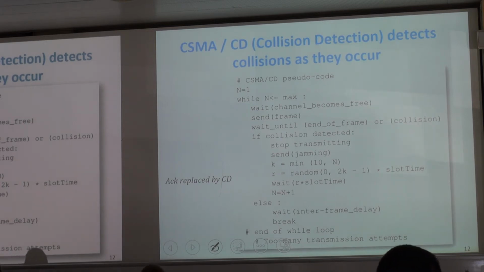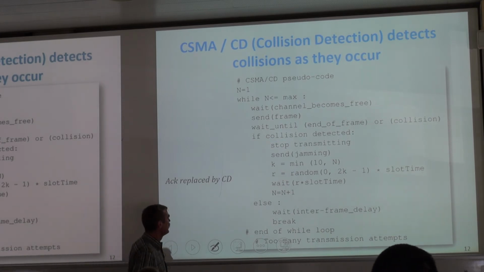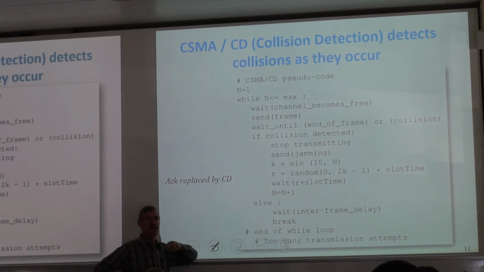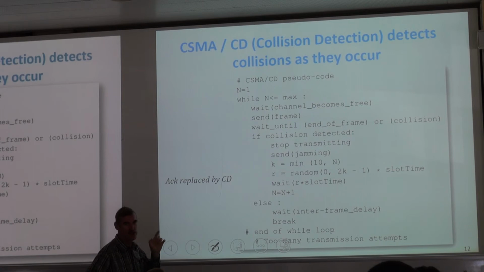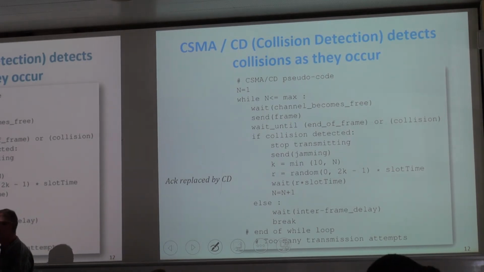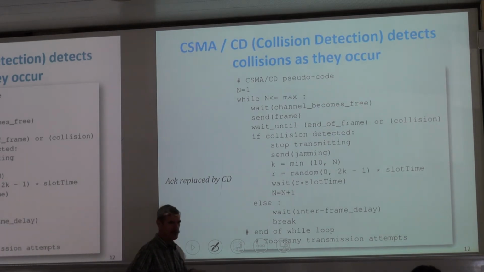So CSMA/CD means Ethernet. And the main thing is that instead of waiting for an acknowledgement, which could be possible, here, because we assume the medium is transitive, we assume that we're able to hear that there is a collision. So we start transmitting. First we listen. If the channel appears to be idle, then we start transmitting.